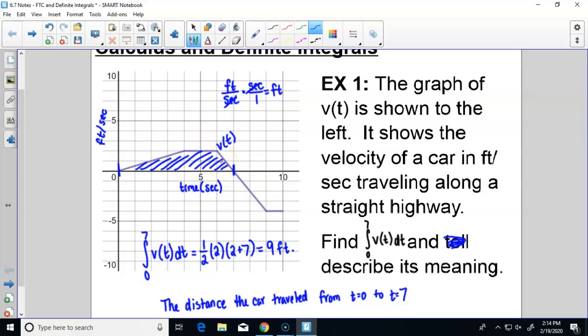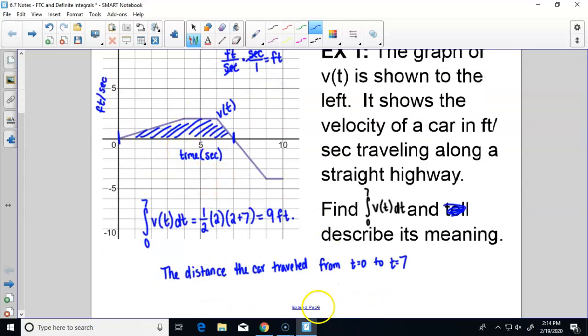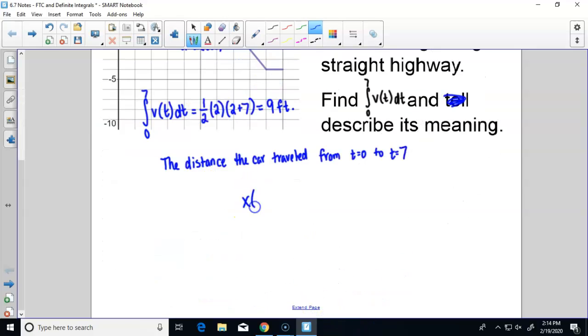The other thing that we can think about is whenever we were doing position, velocity, and acceleration, our position, we usually use x of t for position. And then we used v of t for velocity. And we used a of t for acceleration.